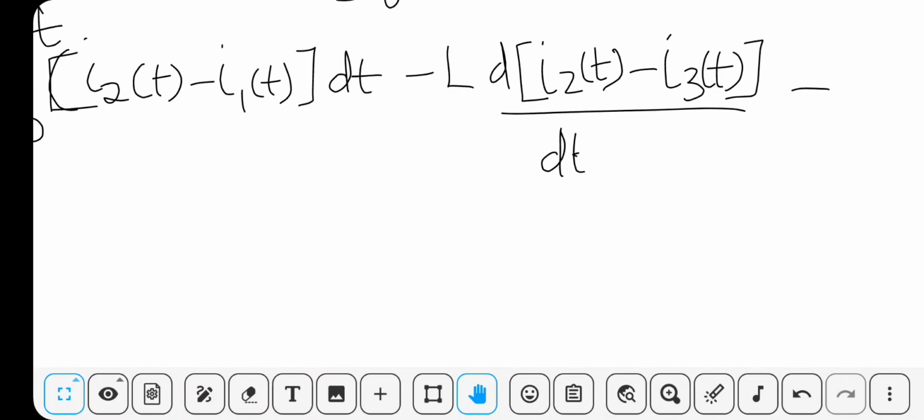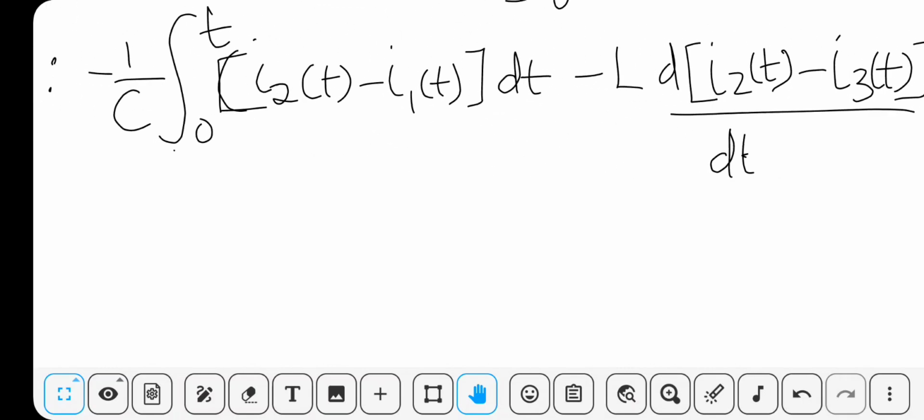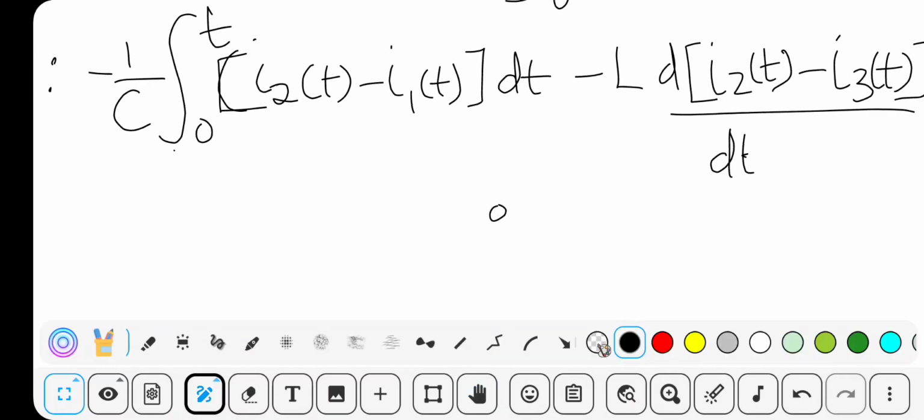So you can either leave it as negative or multiply both sides by minus 1.